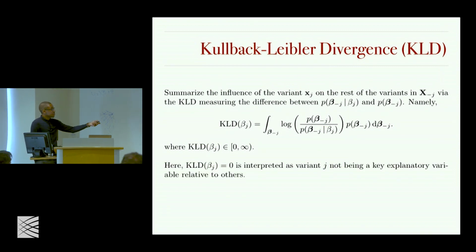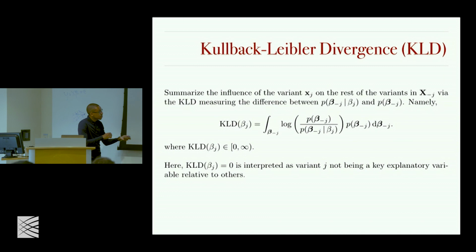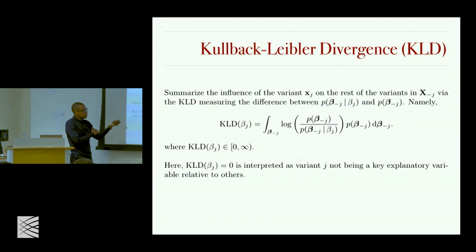So for each variable or variant in my data set, I compute the difference between the conditional distribution, with this player's effect being set to 0, and the marginal distribution, meaning I have marginalized this player's information within the context of my group.